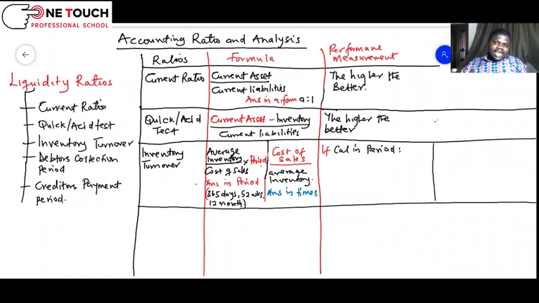If it takes you a very short time to turn over, then it means that you are doing well. So if calculated in period, the shorter the turnover period, the better.